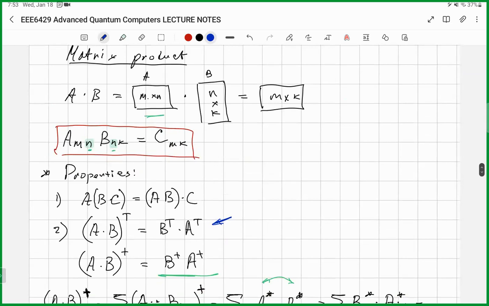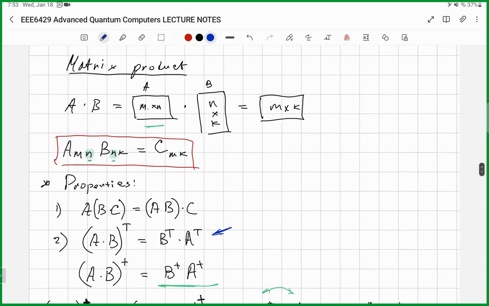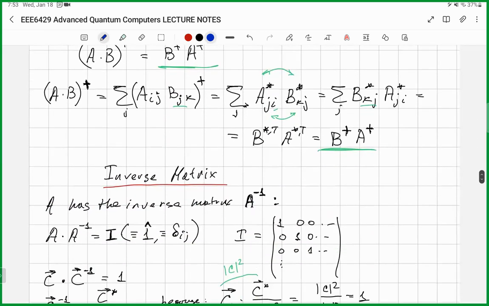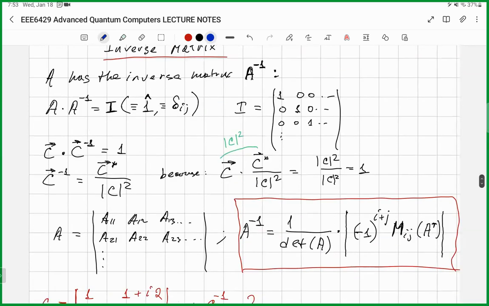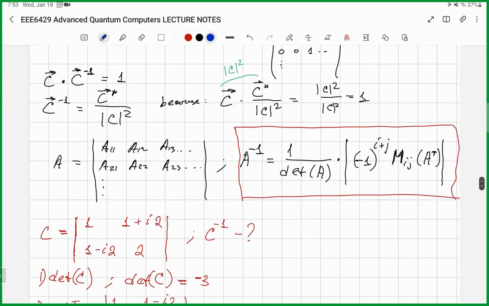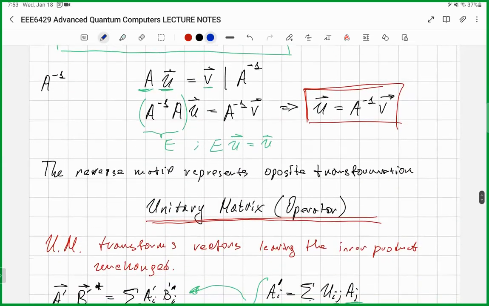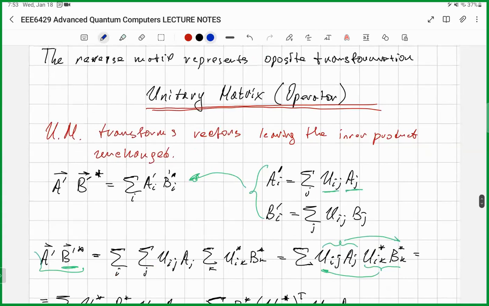Then we recalled the matrix operations, how to work with matrices, how to multiply matrices, how to find the inverse matrix. And the concept of the inverse matrix is important because it allows us to construct a unitary matrix or check if a matrix is actually unitary.